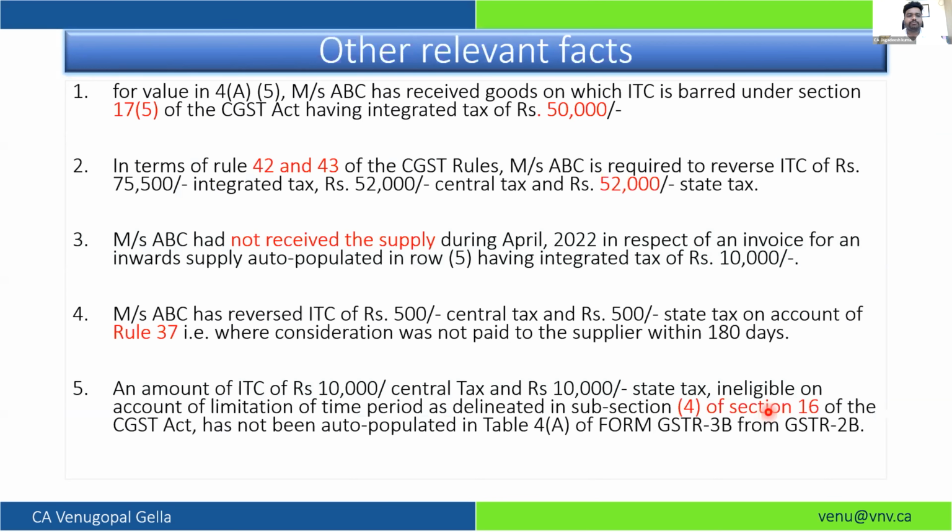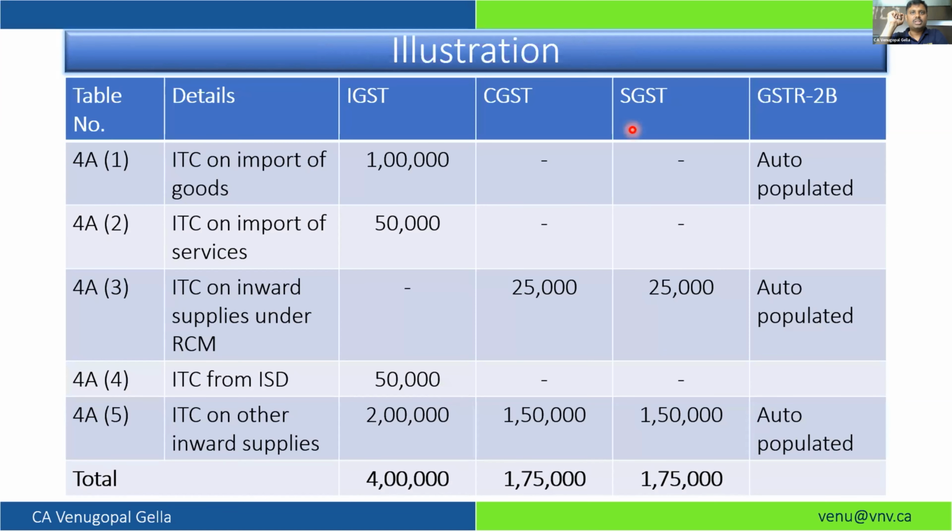That's it. These are the various facts. So I am having 50,000 of IGST, which is blocked credit, where I have to disclose this figure. Just a moment, previous slide. Okay, so in the previous slide, this is the statement of facts.